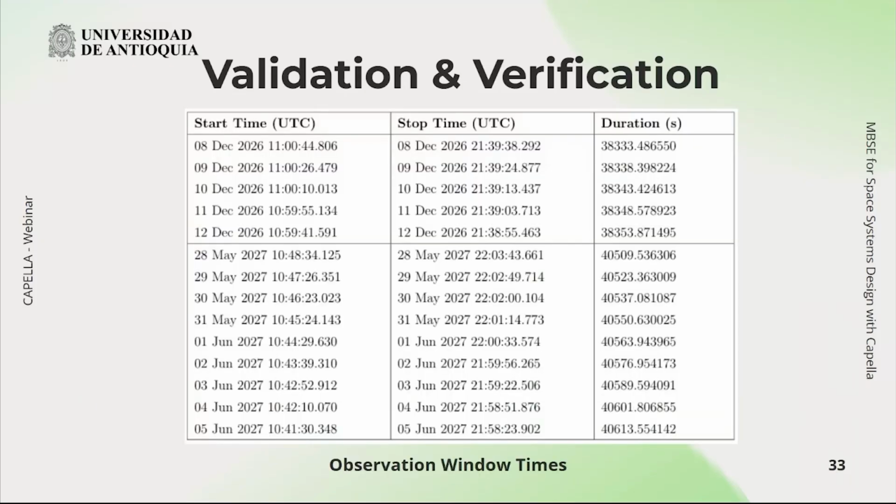As part of this same validation process, in the tool, we could analyze the observation window times. In this case, you can see that we have one window per day, and for some missions, it could be enough. But in this case, because we are talking about a planetary defense mission, we have to maintain direct contact all the time with the Earth. It was a mission requirement.